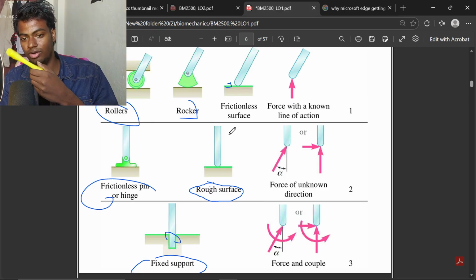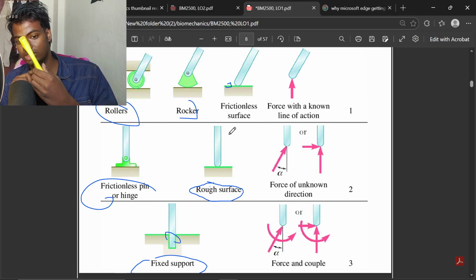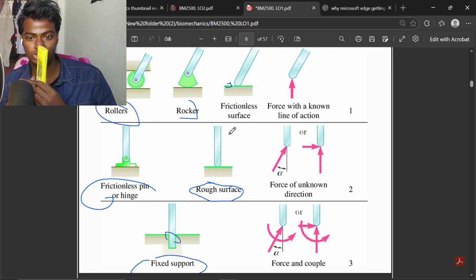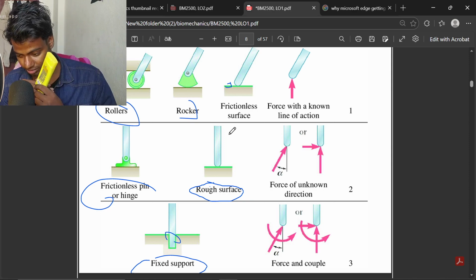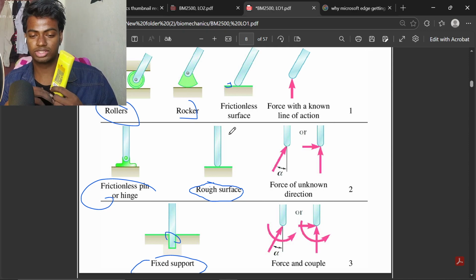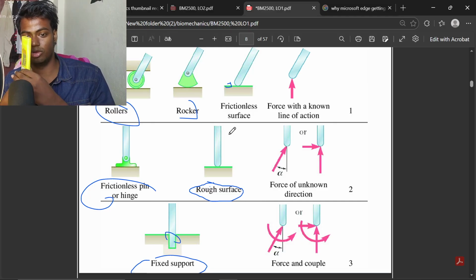If the object has to fall down, gravity makes a coupling force on this side, and if that force can be compensated by the friction, then the object will always stay in place.